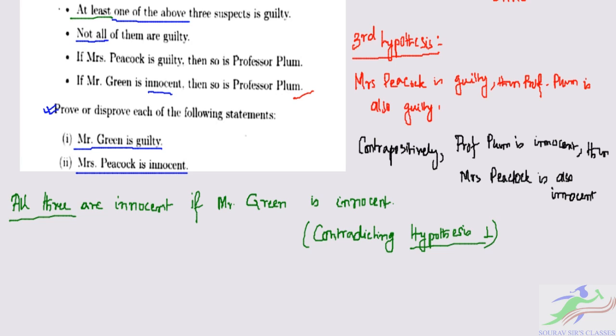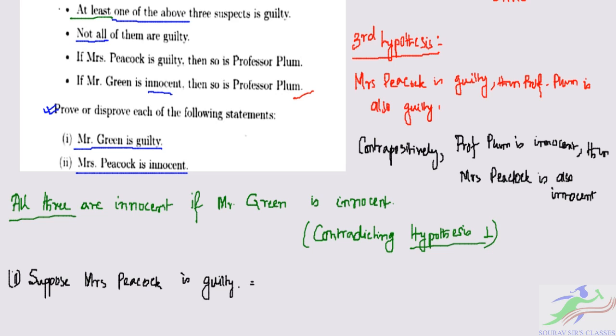Okay. Now if we consider point 2, that is this one, that Mrs. Peacock is innocent, right? Now suppose, let us consider that Mrs. Peacock is guilty, right?